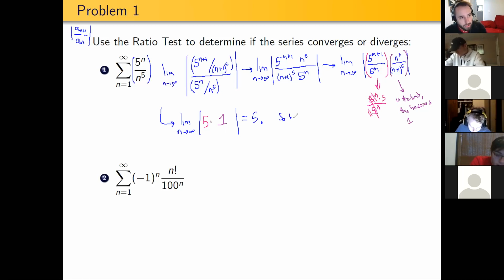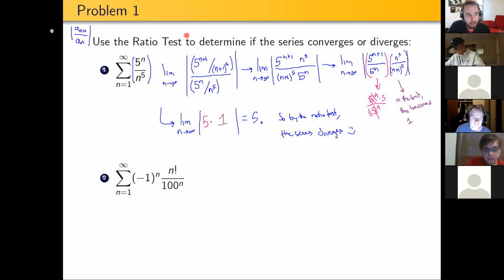And we would say, so by the ratio test, the series diverges. Okay, and that's sort of full stop. I would call that the end of this problem.